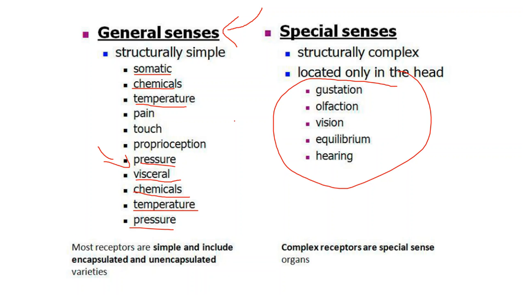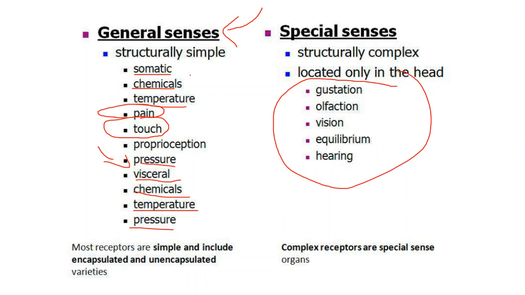But bottom line, you have to be able to think about a certain sense, and it's pretty obvious if it's somatic or visceral, okay? Something like touch or pain, okay? These are all somatic, right?